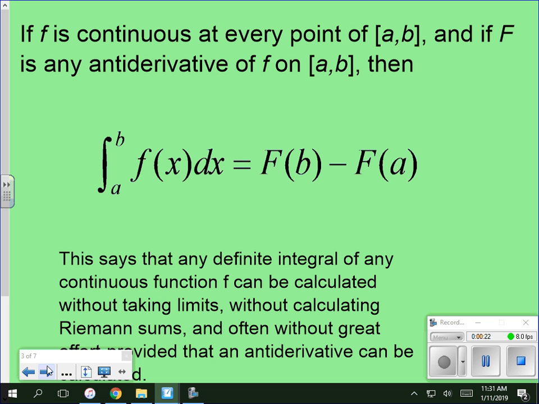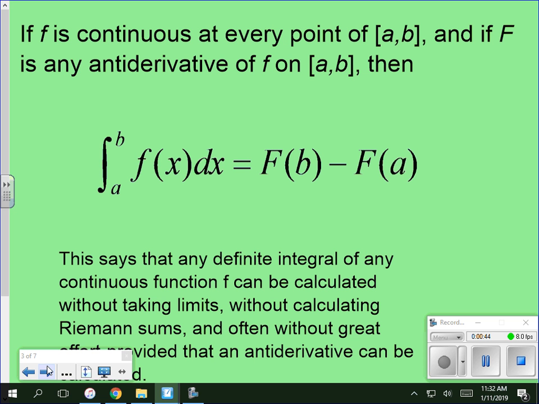If f is continuous at every point on a closed interval from a to b, and F is any antiderivative of f on the closed interval from a to b, then the integral from a to b of f of x dx is equal to F of b minus F of a.